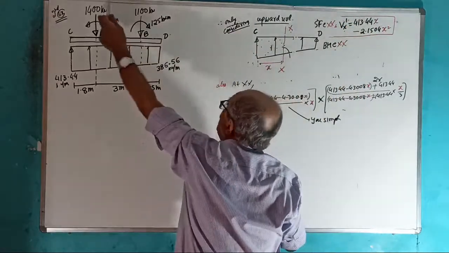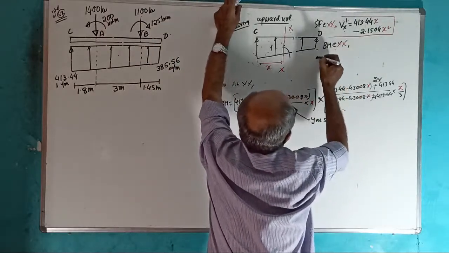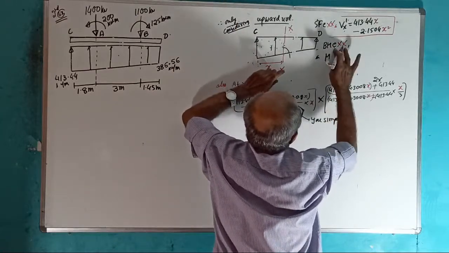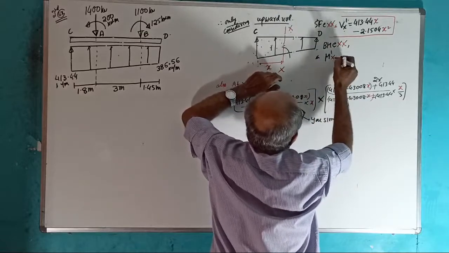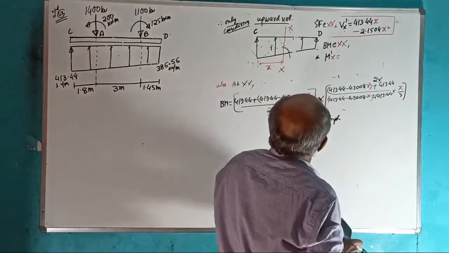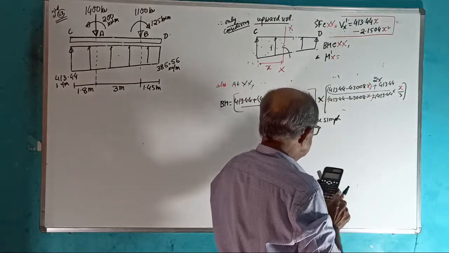Real shear force means you take other things. At xx, that is M dash x. Why M dash x? It is only due to upward UVL. M dash x equal to, simplify. I am not simplifying, I will use a trick actually. You don't use the trick, but I told the trick for you.